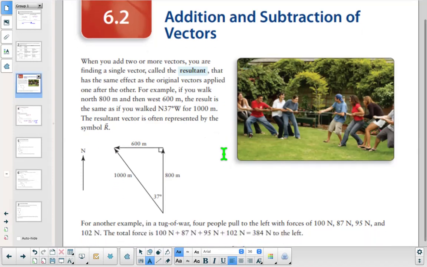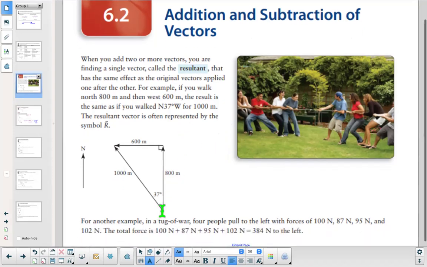For example, if you walk north 800 meters, this is my first vector, walking north, then west 600 meters. The result is the same as if you walked, if I'm talking about my resultant, north 37 degrees west for 1,000 meters. The resultant is often represented by the symbol R.